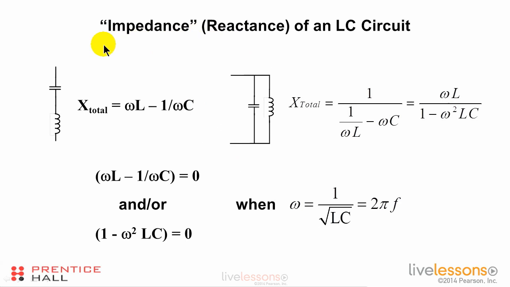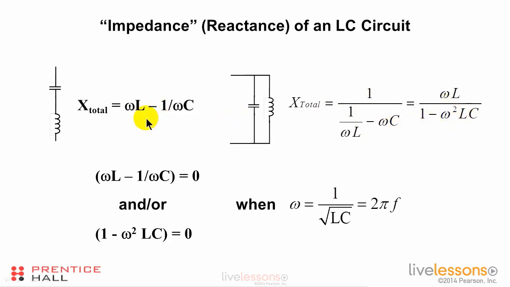Now, if we want to look at the impedance or the reactance of an LC circuit, it starts getting a little bit more complicated, but we simply just sum the terms. If we have a series circuit, well, the reactance is the sum of the reactance of the inductor plus the reactance of the capacitor. If we're looking at a parallel LC circuit, well, it's the parallel combination formula, which works out to this.